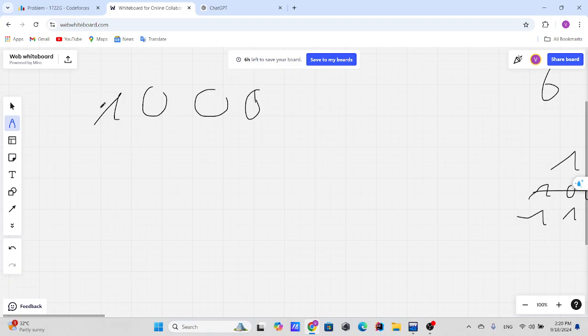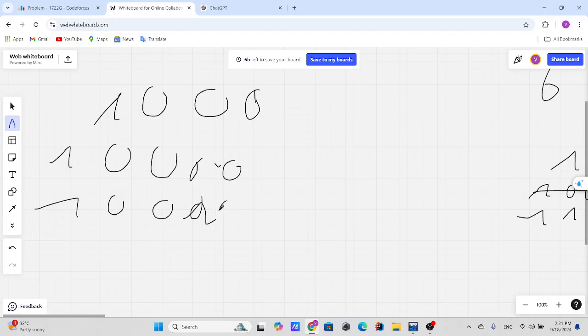We can just add this and add this, and this will be increased by 1, and everything will be solved, right?